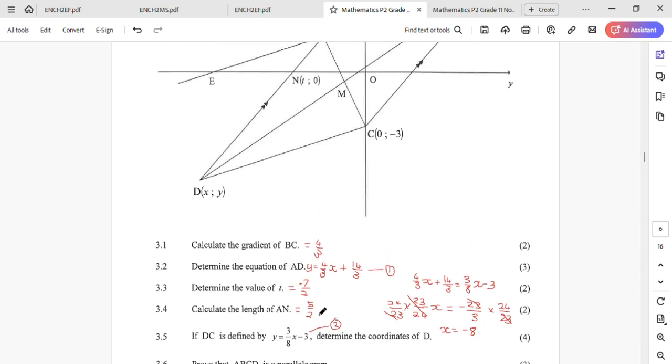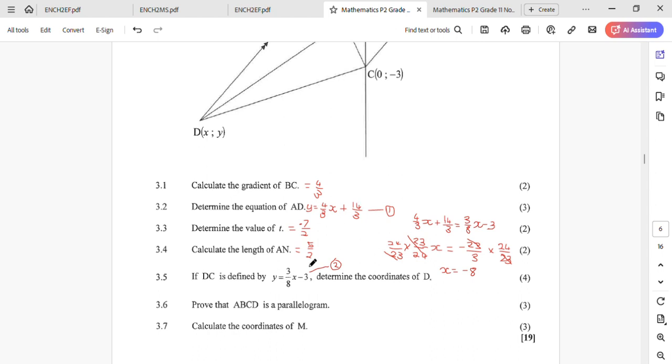And to find your y value, you're going to substitute in either of these two equations. I prefer the second one because it's the one they've given us. It's going to be 3/8 multiplied by minus 8, then minus 3.